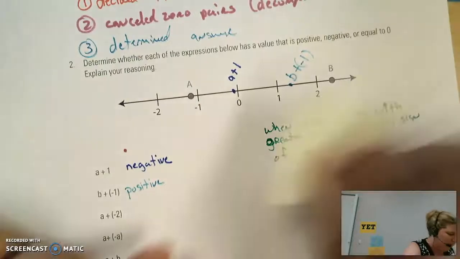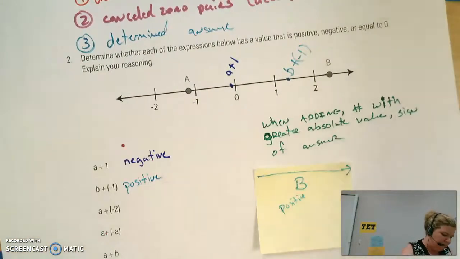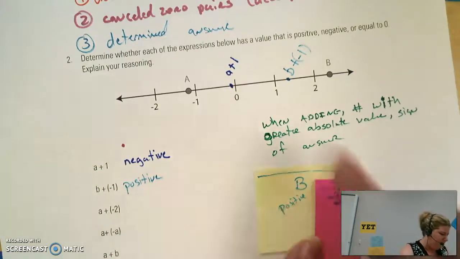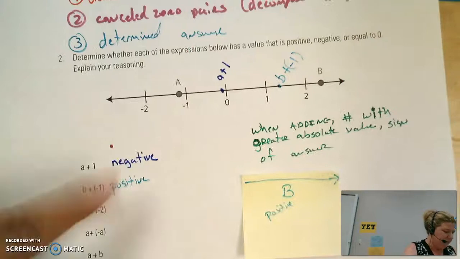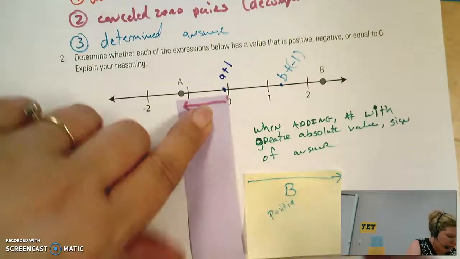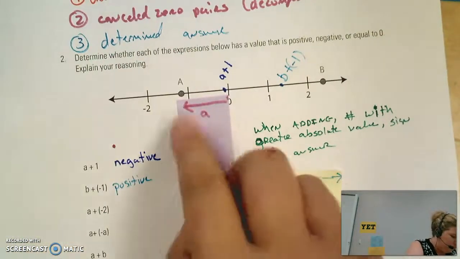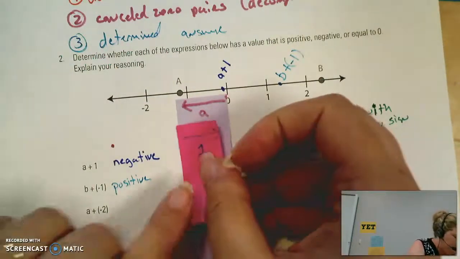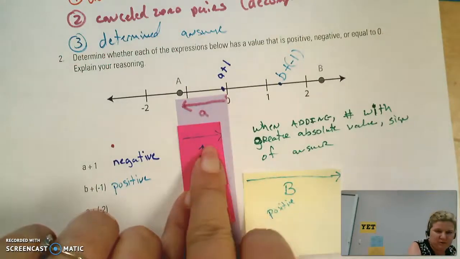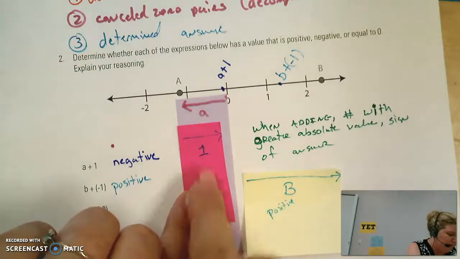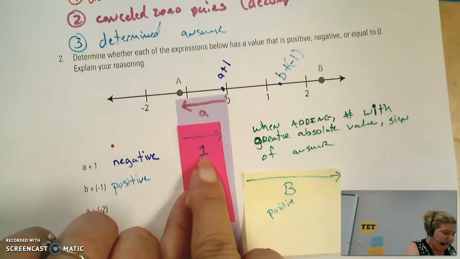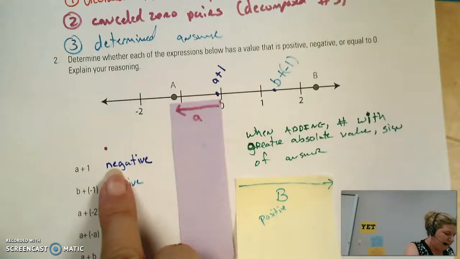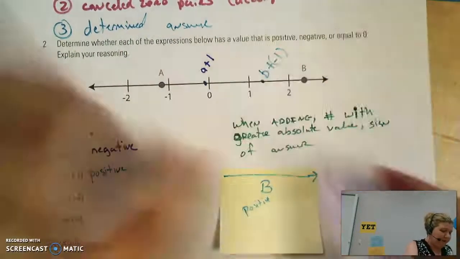What I mean by that, like this one was positive, and the positive was longer than the negative, so my answer was positive. And on the first one, I went here, and that was a negative number. A is a negative number because of where it's located, to the left of 0. And then I added this, which was a little shorter. This positive number was shorter, had a less absolute value. So the number with the greater absolute value, which was A, our answer kept its sign. So that's what I think is true.